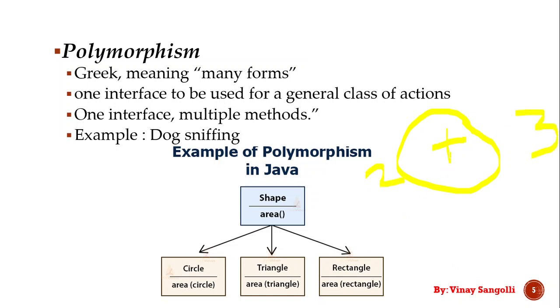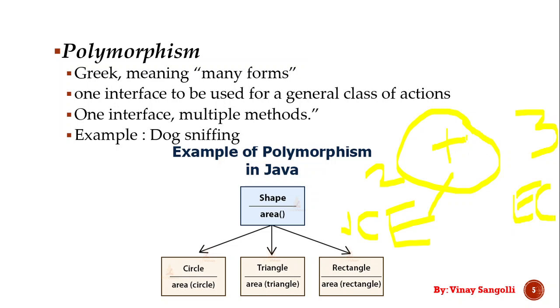What is this addition symbol doing now? It is adding 2 and 3. That is, one work of this addition is doing the addition. What could be the other work? If I have two strings, say here I have JCE and here I have EC.